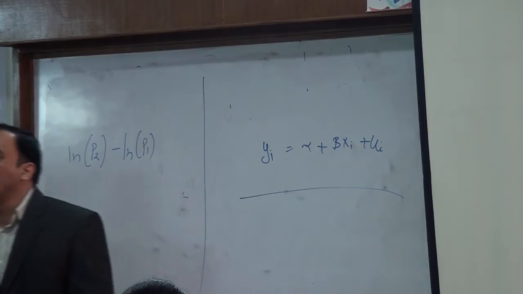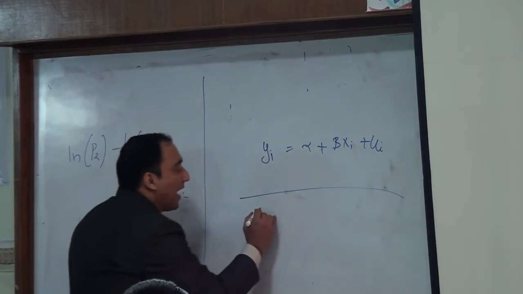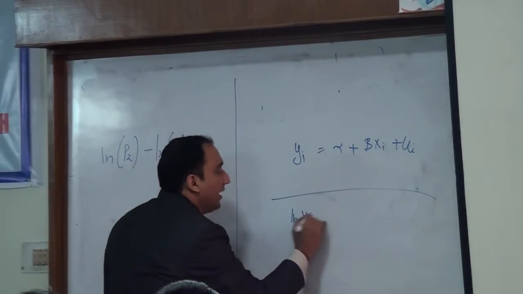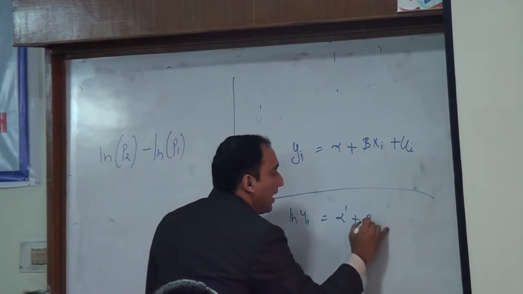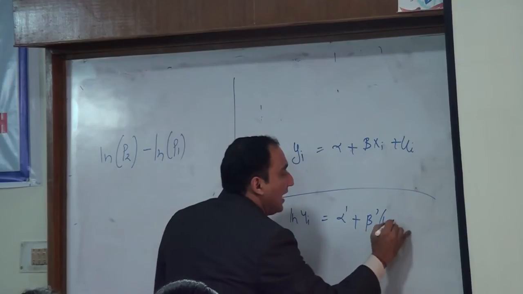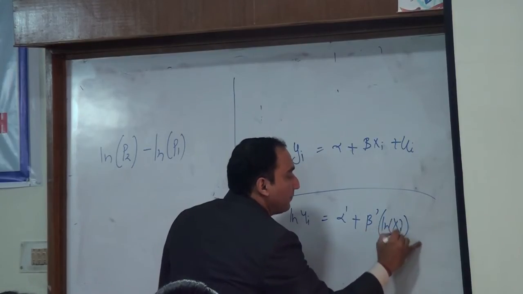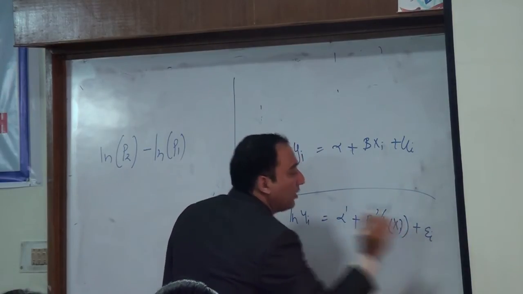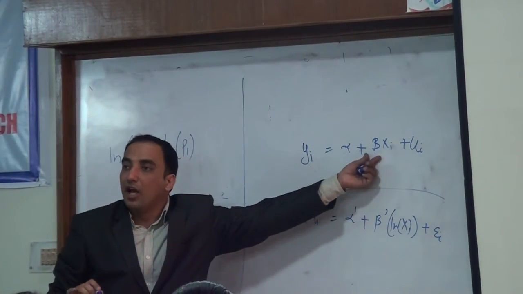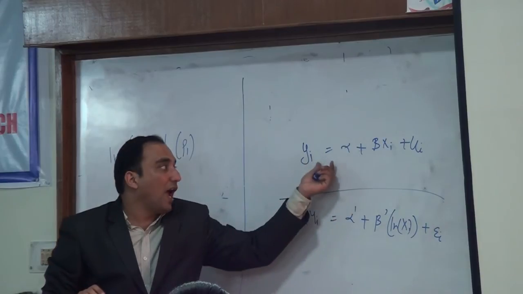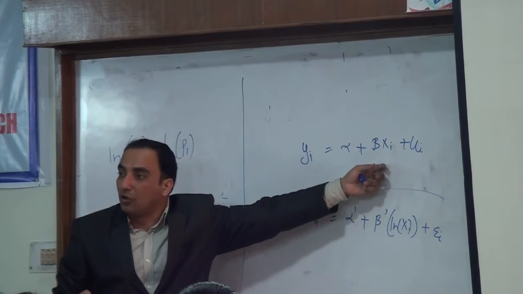So what we will do? We will take log. So how will my equation become? ln yi equal to alpha dash plus beta dash ln xi plus epsilon i. So here beta was telling what will be a change in y if I change x by 1 unit.